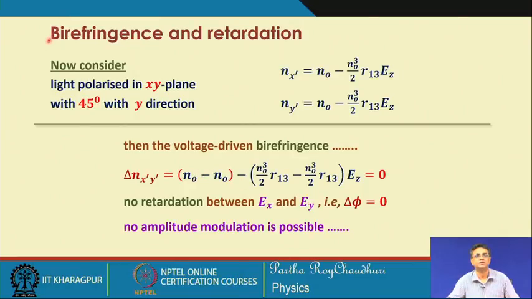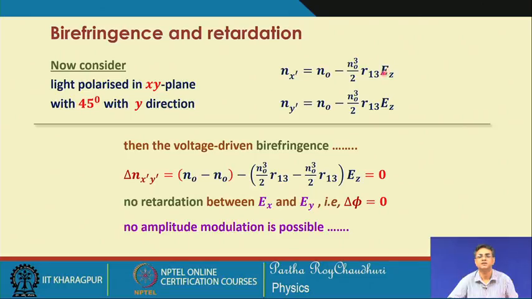Let us see that. So, now first consider that light is polarized in the xy plane, because this is the case which will clear the understanding, whether the light is x or y polarized. So, considering a polarization which is midway between x and y polarizations, that is at 45 degree with the y direction.